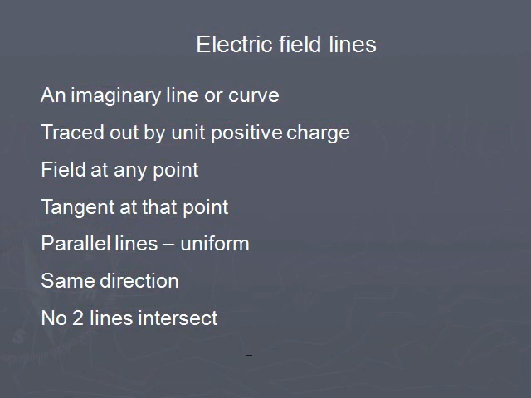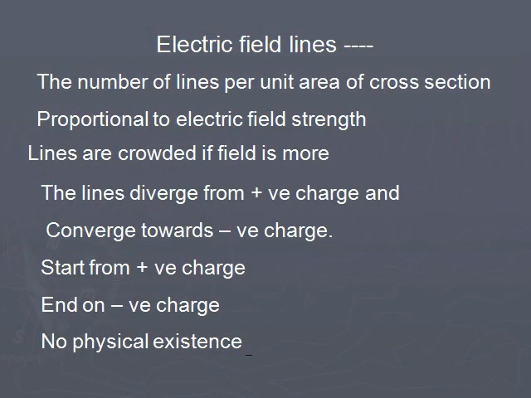If the electric field line is curved, then the field direction will be along the tangent at a point. At any point, if you want the electric field direction, draw a tangent at that point. The tangent indicates the direction of the electric field at that point.